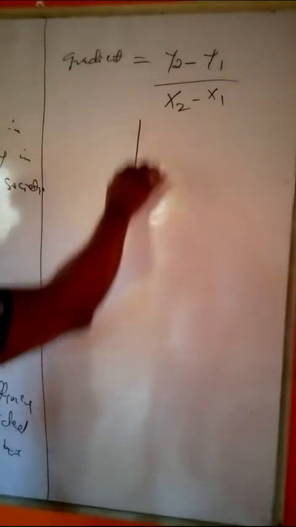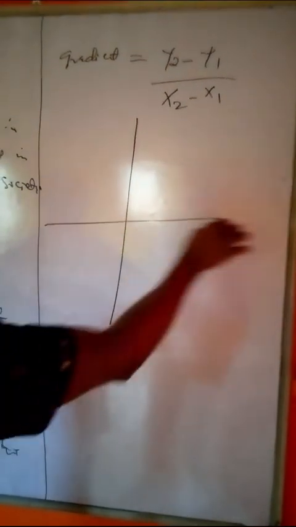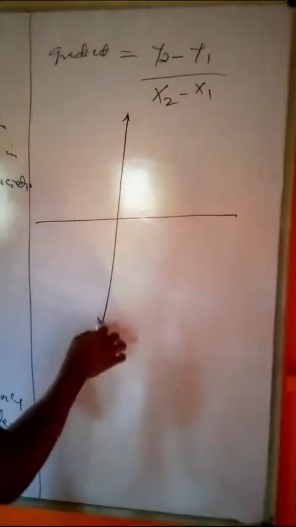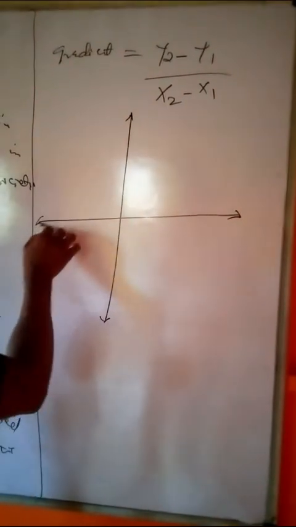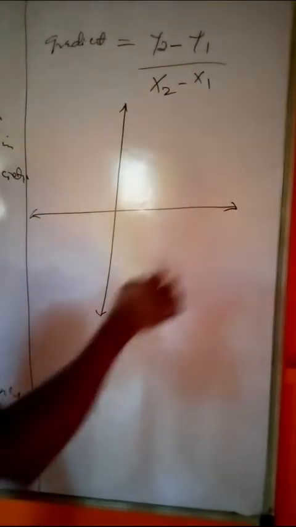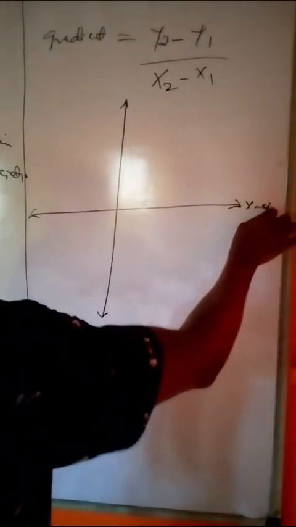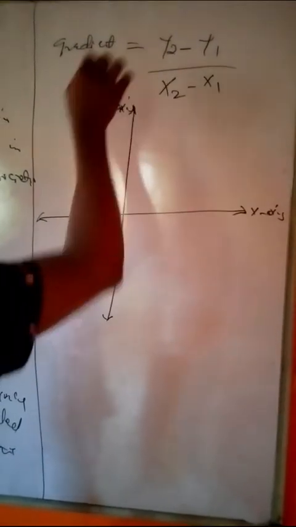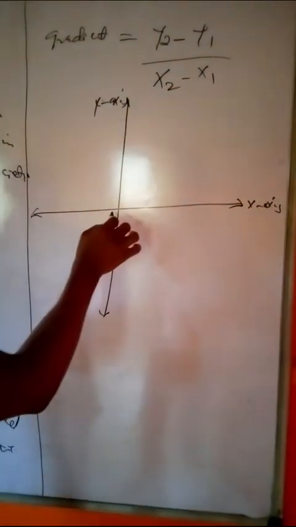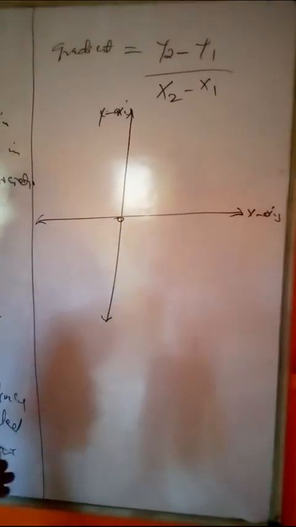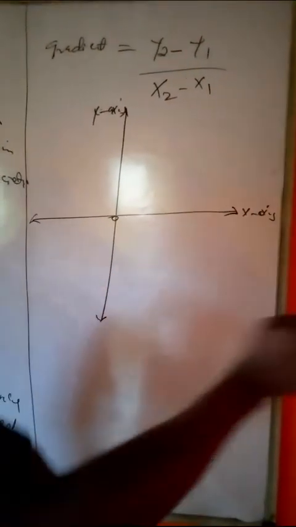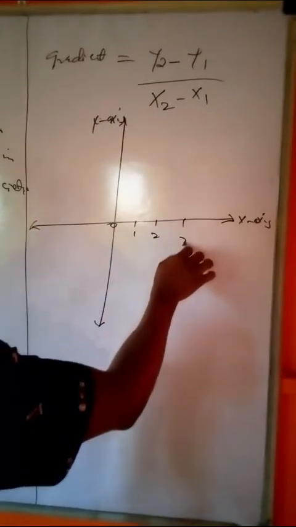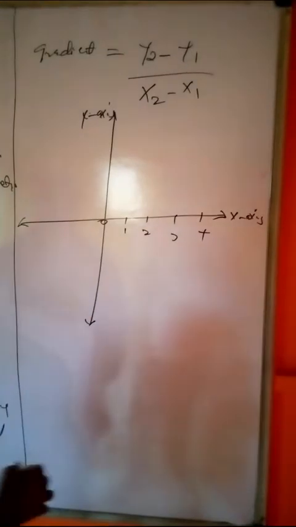So if I look at a graph which ordinarily is drawn in this form, this is the x-axis and here is the y-axis. At this coordinate, we have a 0. To the right, we can have positive, so 1, 2, 3, 4, as the case may be.